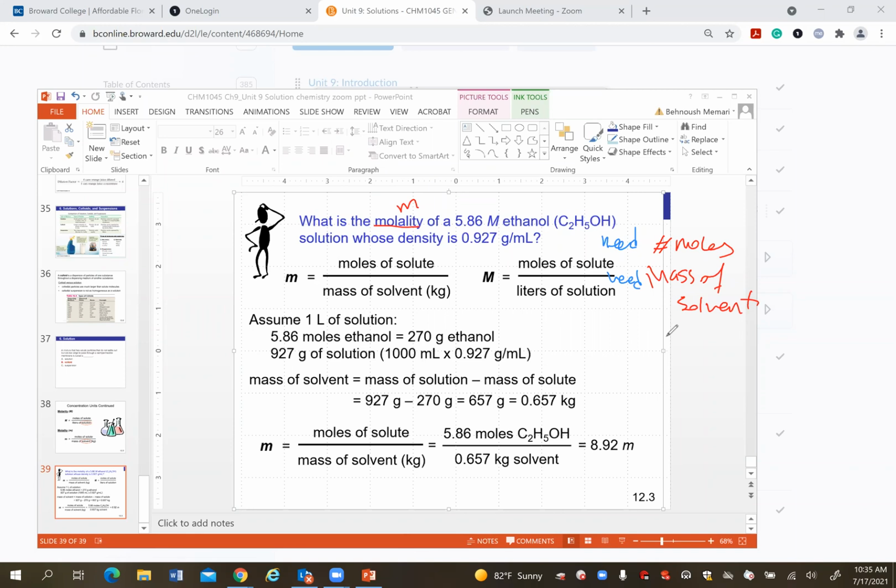So if we assume that we have 1 liter of the solution, then for 1 liter, it's going to be 5.86 molar, right?